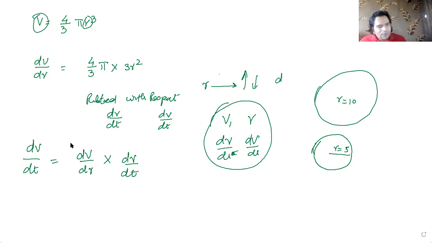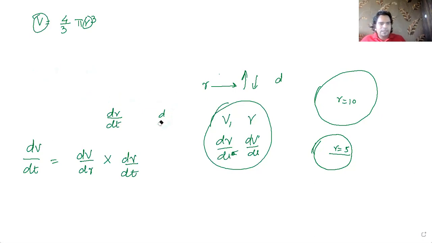Now, is there a way to create a shortcut for this? Let me make the problem more particular. The volume of a sphere is given by 4/3 pi r cubed, where r is the radius of the sphere.